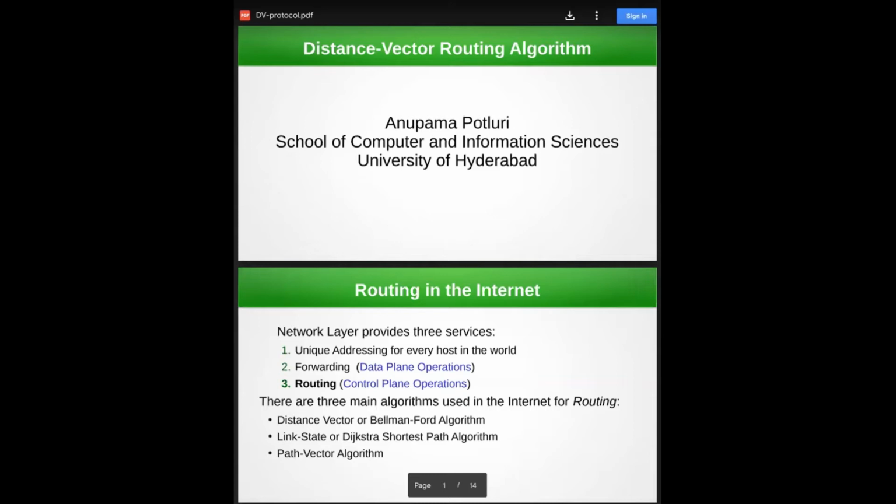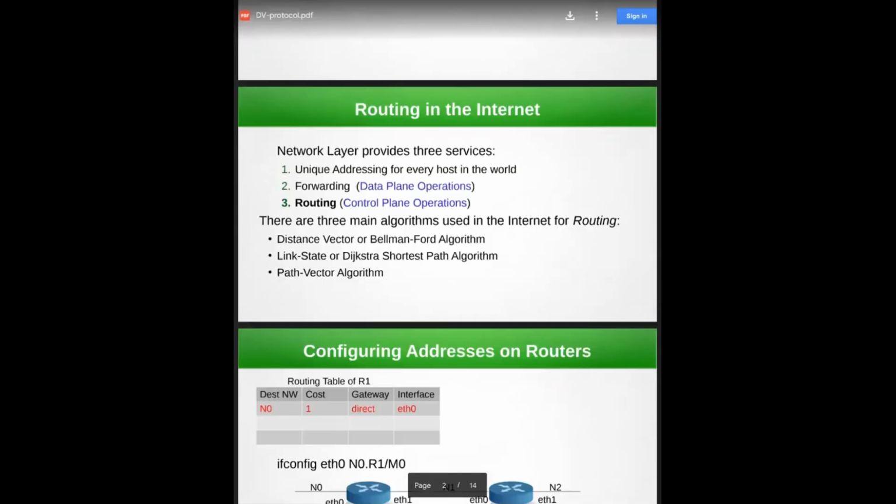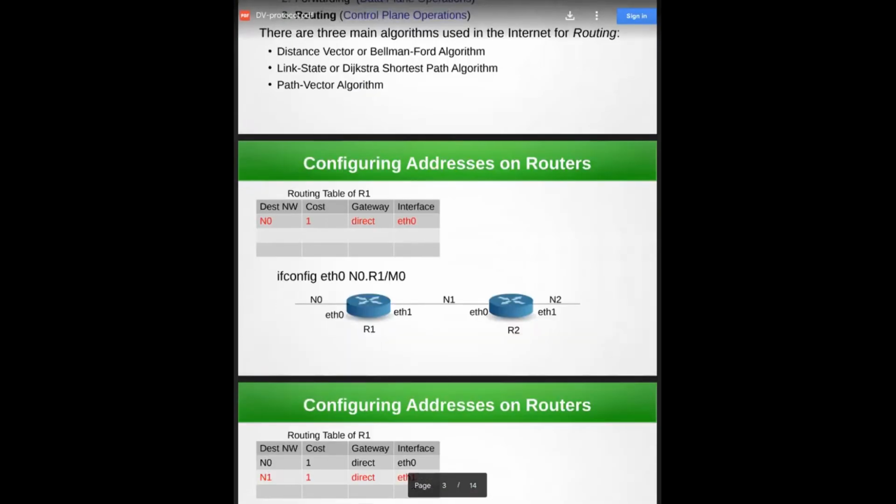This was the first algorithm implemented in routers in the world, and it's part of the Unix operating system. Therefore it became quite popular, but it doesn't work too well. We'll see why, and why it's no longer really used in the networks today.